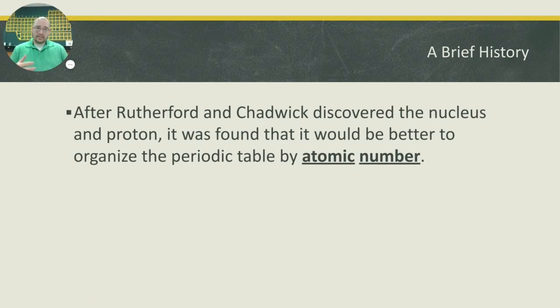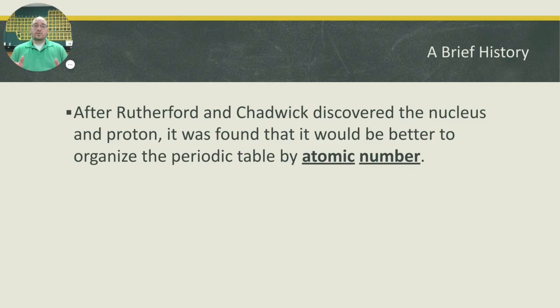Now, this was in the mid-1800s, 1850s. Now, fast forward 50 years, Rutherford and Chadwick discovered the nucleus, as we already discussed. They discovered the proton and the neutron. And so after the discovery of the proton and neutron, they found out that a better way to organize the periodic table would be based off of atomic number, because atomic mass, if you look at the periodic table really closely, in general, as the atomic number increases, the mass increases also.